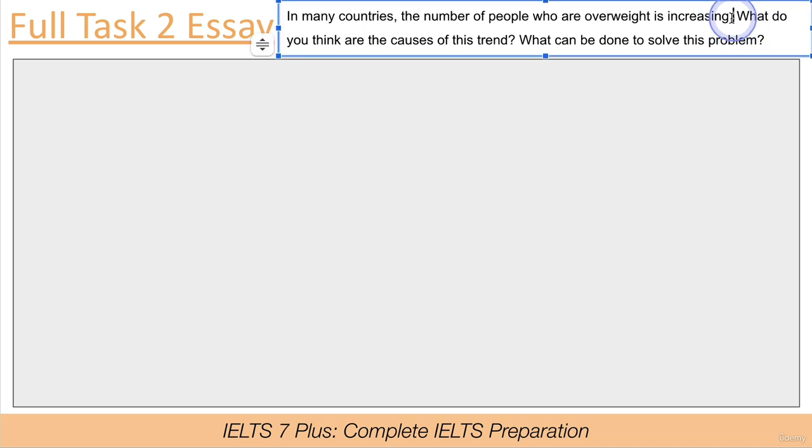So the first thing we need to do, like with any task 2 and task 1 actually, is to paraphrase this sentence here. In many countries, the number of people who are overweight is increasing.